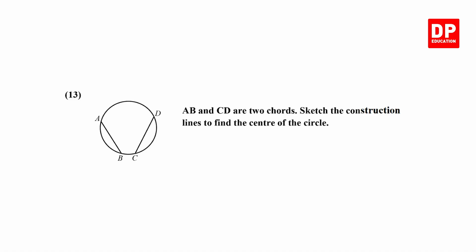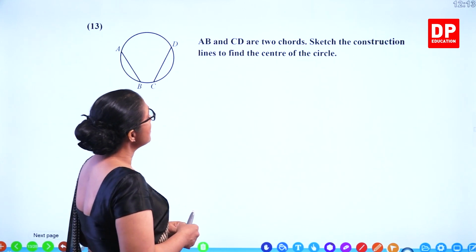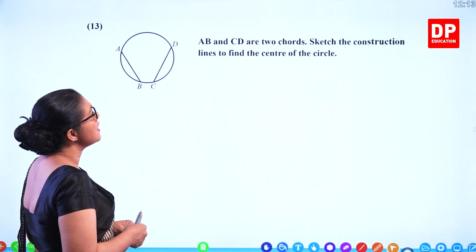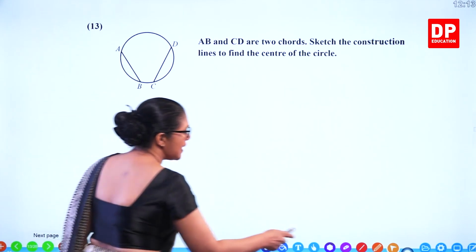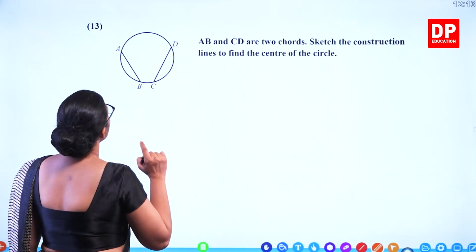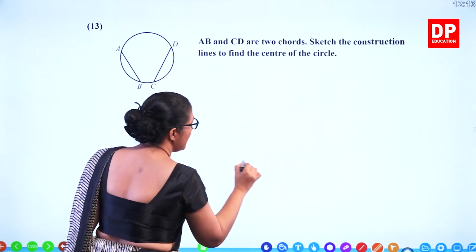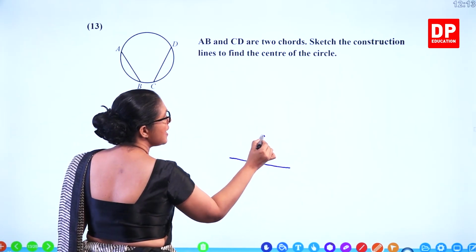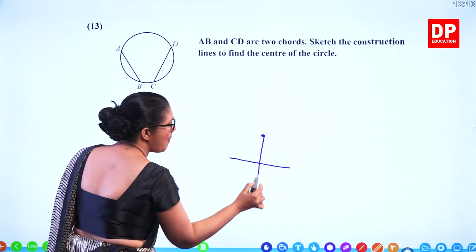Question number 13. AB and CD are two chords. Sketch the construction lines to find the center of the circle. So how do you find out the center? Now you know, if this is the center, take any chord. If this is the center, you draw the perpendicular bisector.